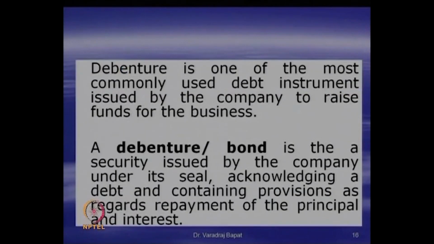Now, let us understand the entries for recording the debenture. A debenture or a bond, they are one and the same thing. It is issued by the company under the common seal, acknowledging the debt and containing the provision as regards the repayment of principal and also the payment of interest.